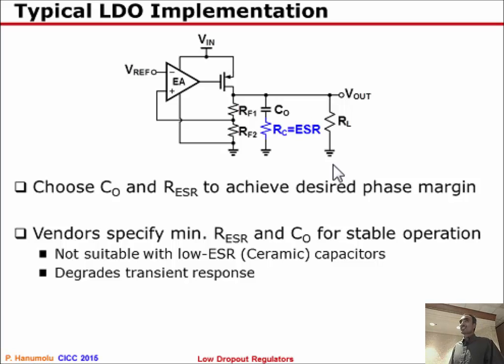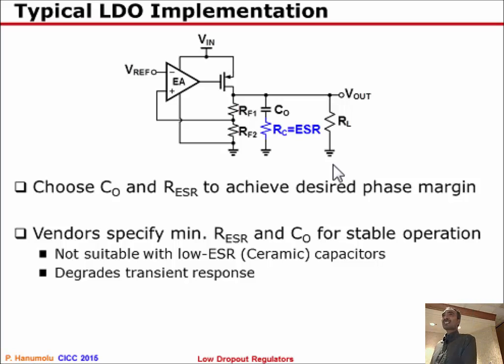Obviously, this is good to stabilize, but it also comes with additional constraints, and this is a very annoying constraint in many instances, because most of the low ESR capacitors are these ceramic kinds, and we would like to use these because they come with very small footprints.